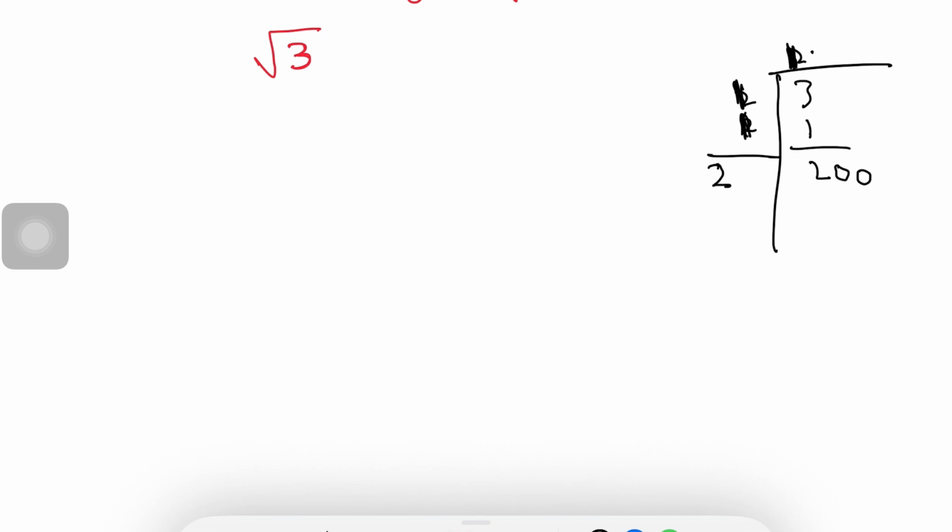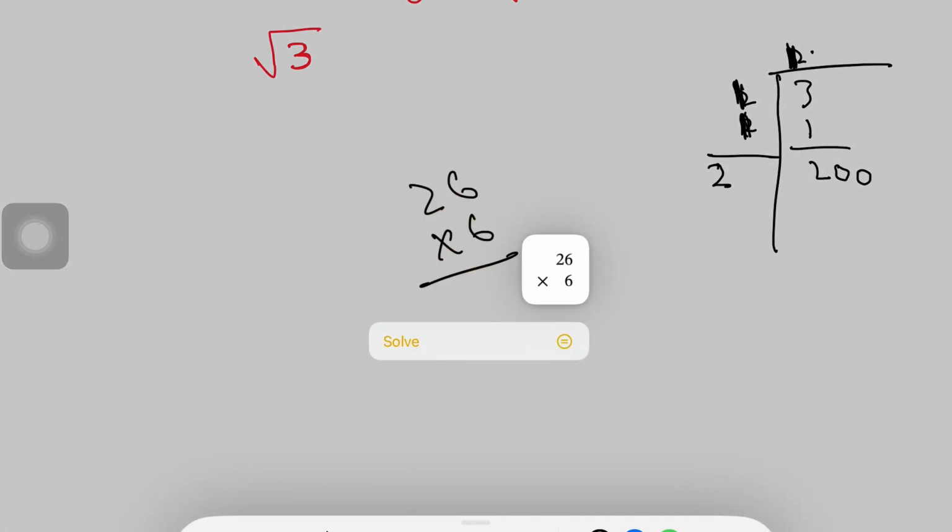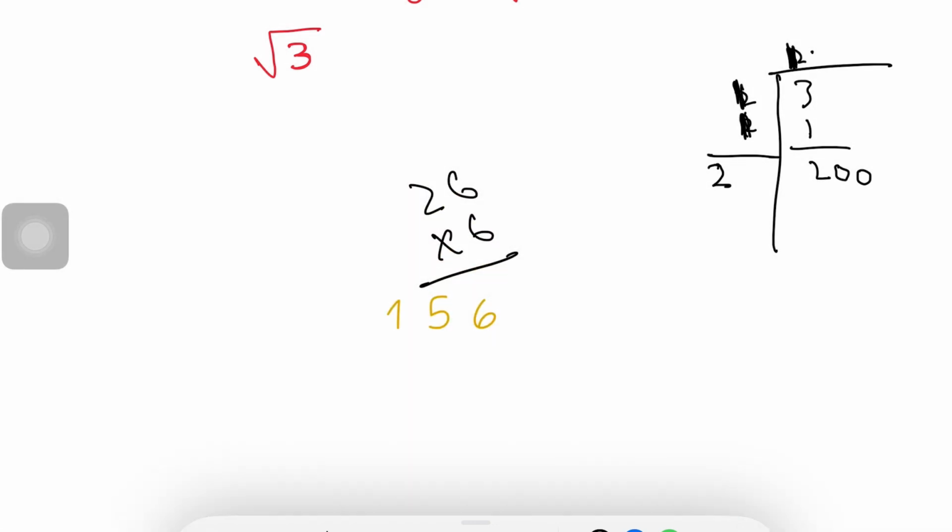When we multiply 25 by 5, we get 125. So we increase the number to 26 and multiply by 6. Here we check: 26 times 6 is 156.